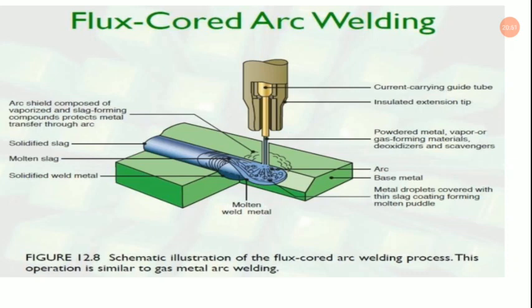Whereas flux core arc welding has high deposition rates. So these are the highlighting points coming out of the discussions of the three well-known arc welding processes, and you should keep them in mind for future examinations.